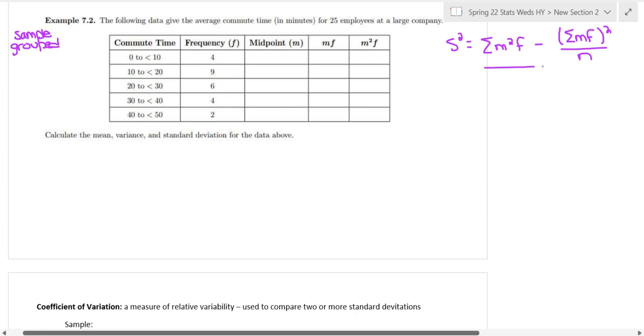We need n, which is 25, and then n minus 1. Okay, so let's get the midpoints. If you don't remember how to find them, you add the class limits together and divide by 2. So this one would be 5, 15, 25, 35, and 45.